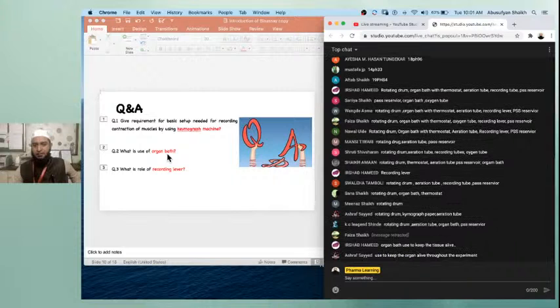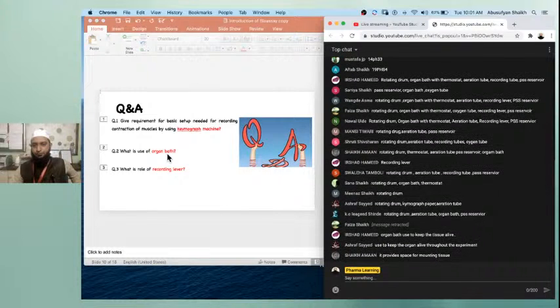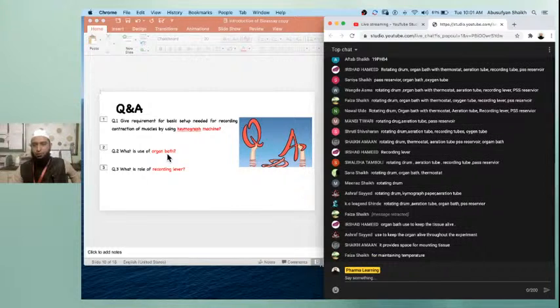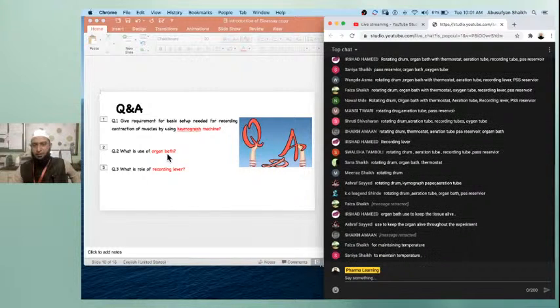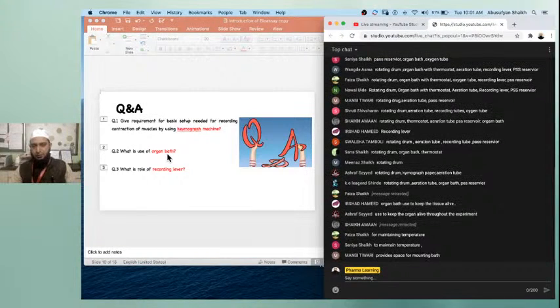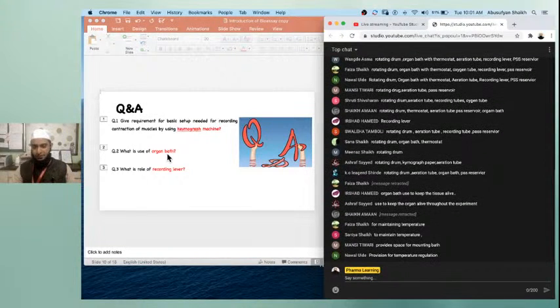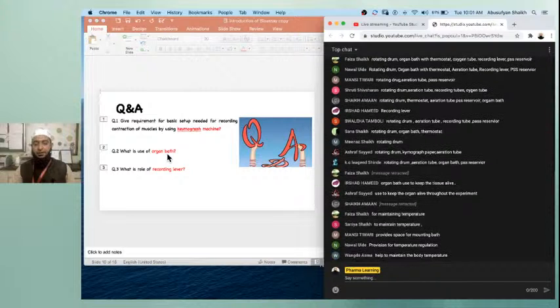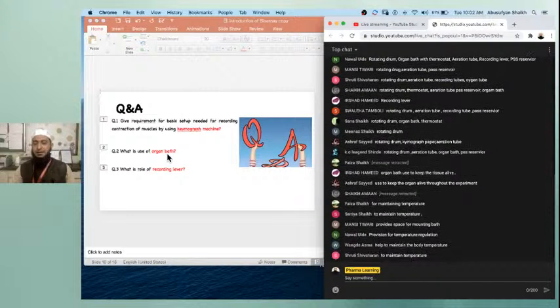Irshad has mentioned that the organ bath is used to keep the tissue alive. Ashraf has mentioned it is used to keep the organ alive throughout the experiment. Sania has written the second important purpose of organ bath, that is for maintaining the temperature at 37 degrees Celsius.